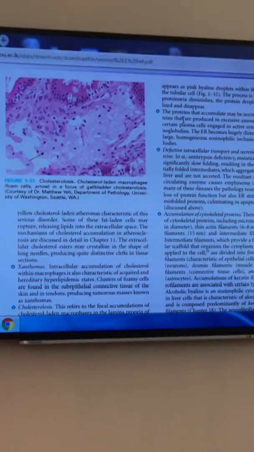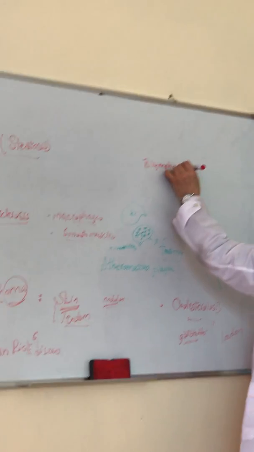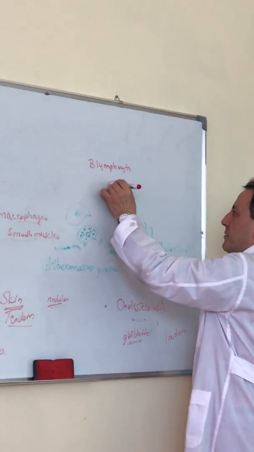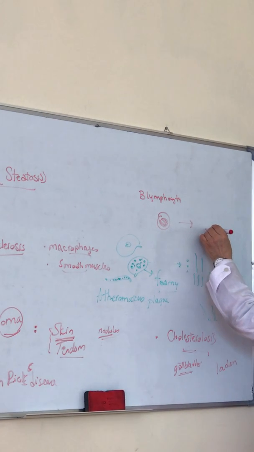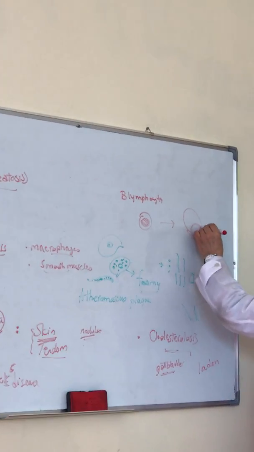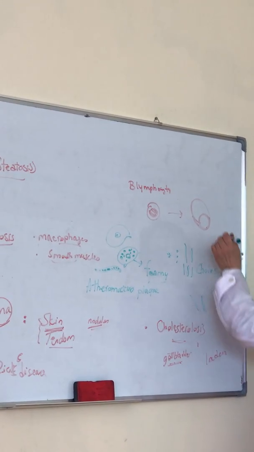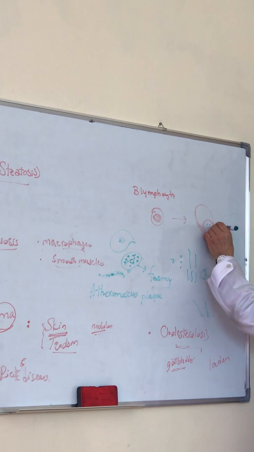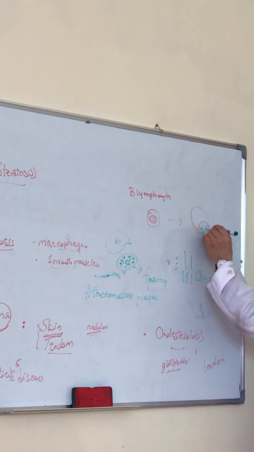Plasma cell is formed by B lymphocytes. If you imagine this is a B lymphocyte, then it is changed to a plasma cell, which has a peripheral nucleus. Its chromatin has a special cartwheel feature. This is a plasma cell.